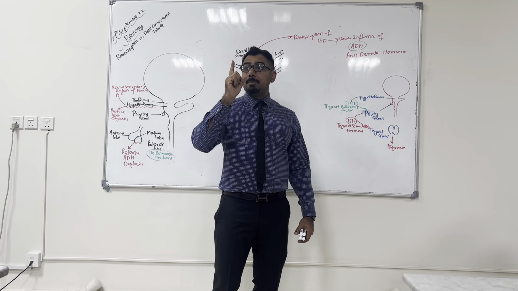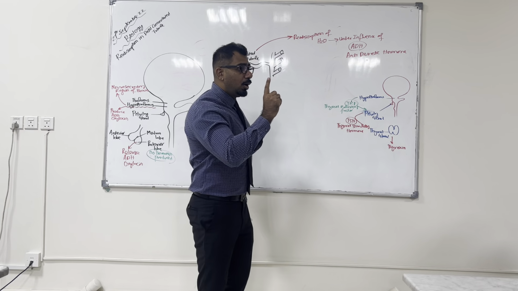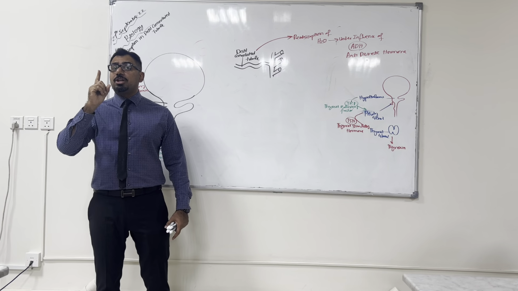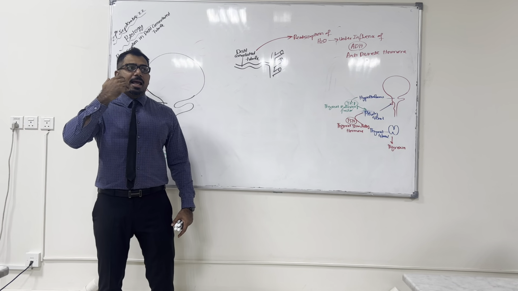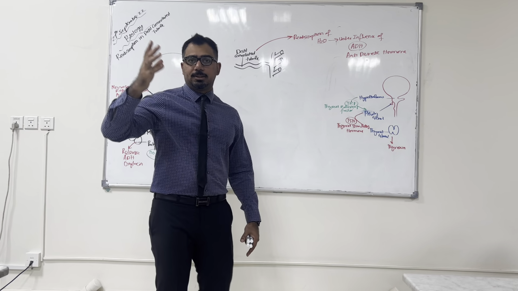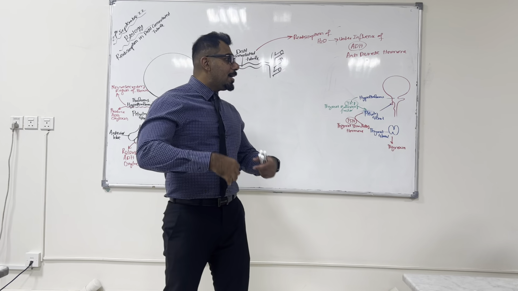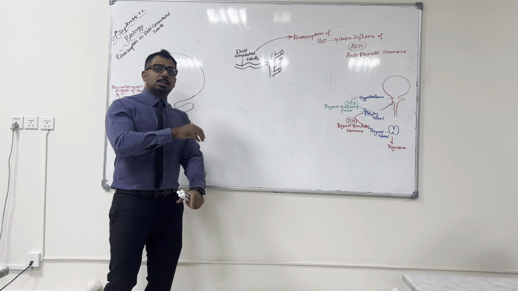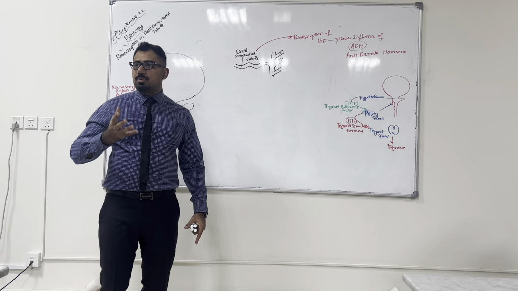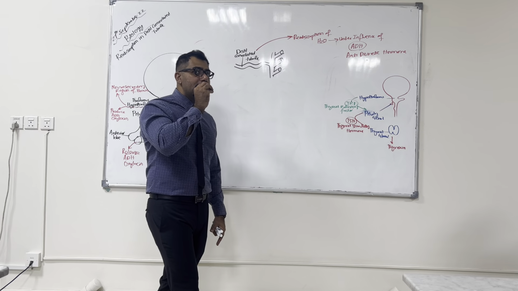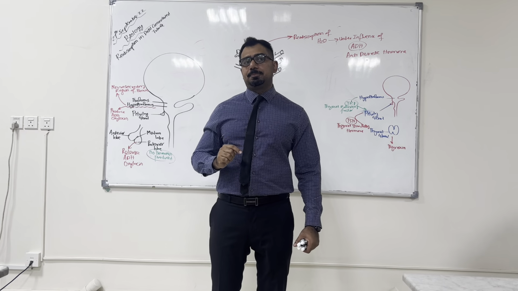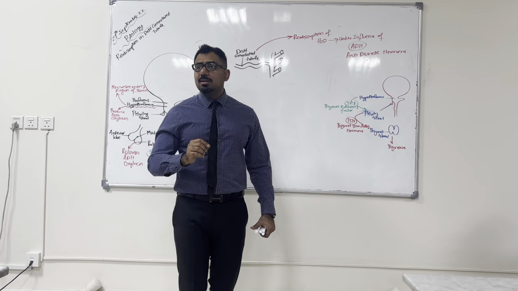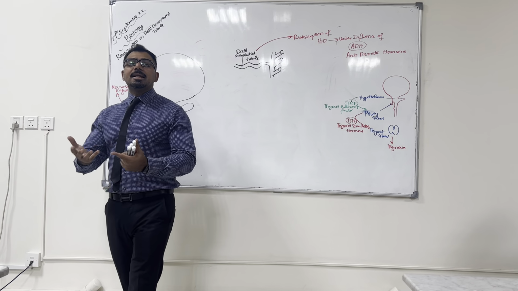Because if you remember, in the first lecture of homeostasis and the first lecture of excretion, I told you, when I'm exhaling, I'm excreting water. So I'm at loss of water, not only by sweat, but from my mouth as well. When I'm exhaling through my nose, at that time as well. And when I'm urinating, at that time as well.